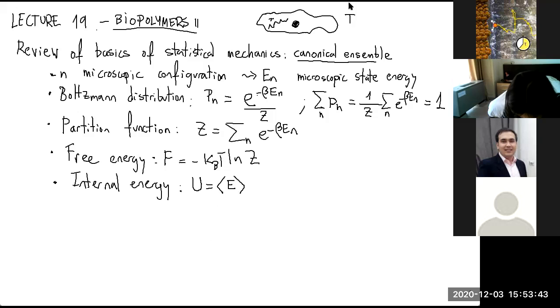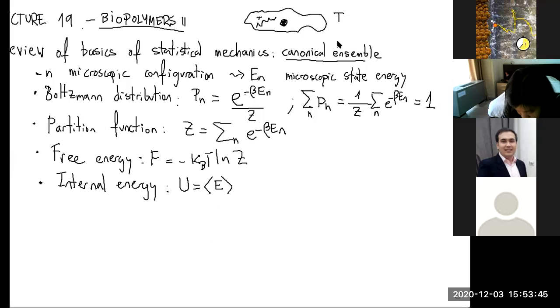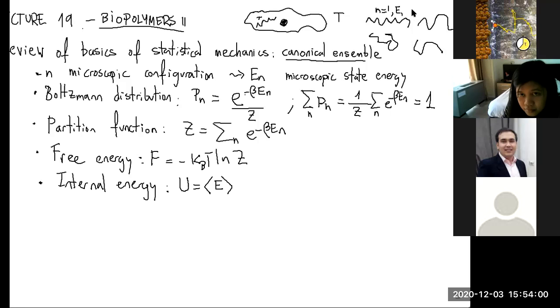Here, when we think about polymers, each configuration is one configuration of the polymer. It could be like this, another like this, another like that. This is, for example, n equals 1, and this has one energy, E1. This is n equals 2. This has an energy E2, E3, E4.